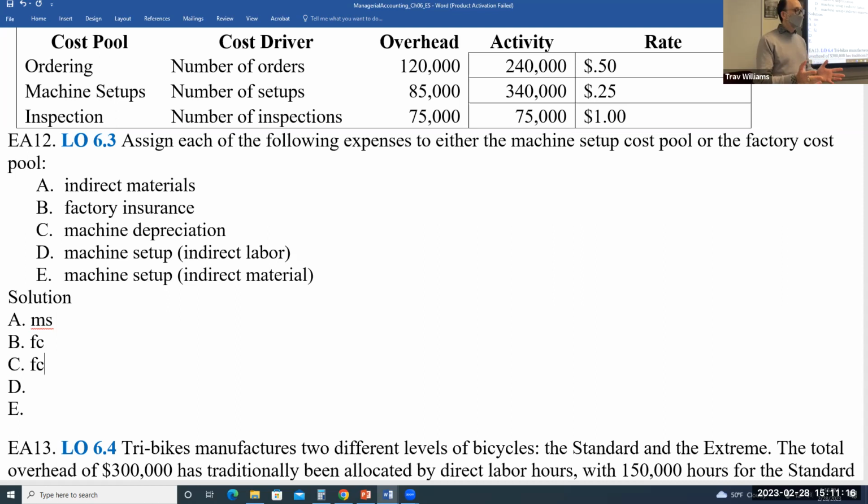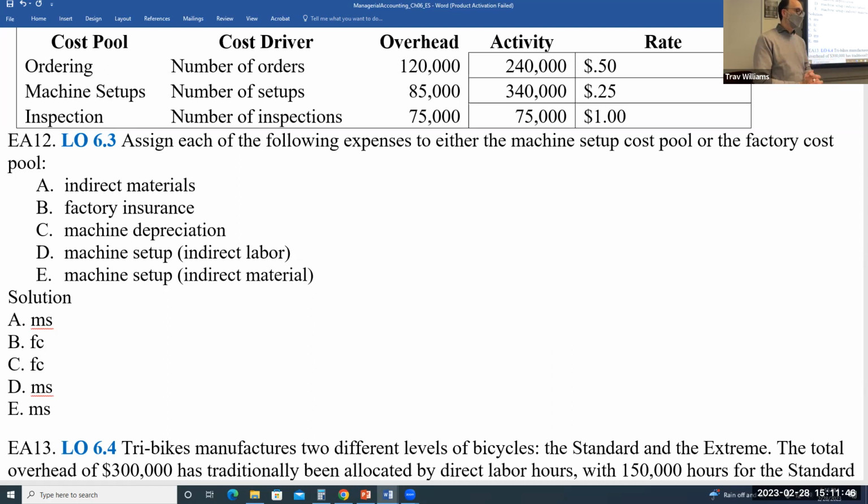Okay, the last two say machine setup, and they are machine setup. So yes, indirect labor and indirect material, which we see for a second time, related to setting up the machines would be machine setup related. So E and A are the exact same thing. According to the book, I mean. You could say that A could be indirect materials for other reasons, but then why is the answer machine setup?